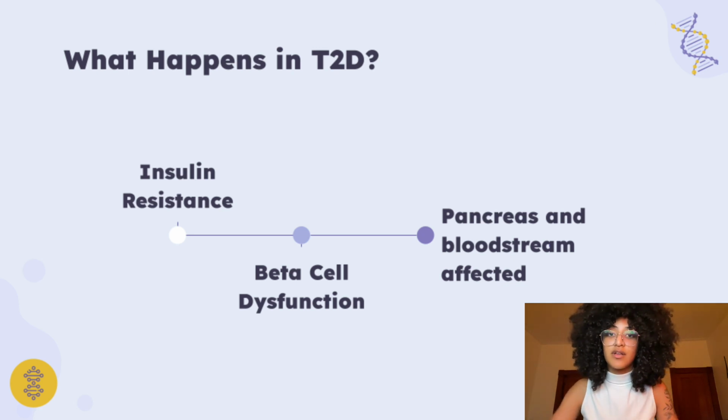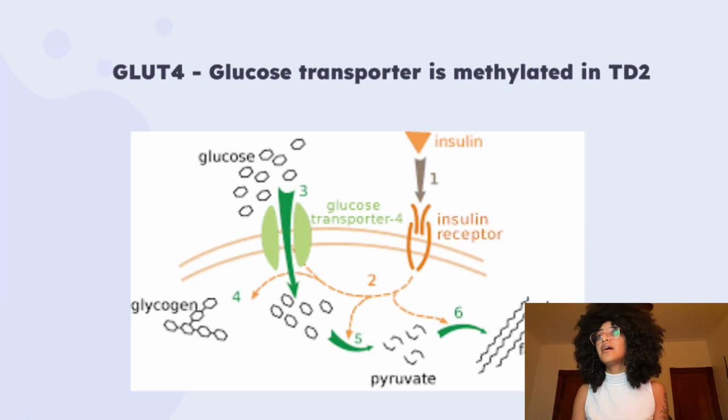These beta cells are present in the pancreas and produce the insulin, and in T2D they may become less efficient or even damaged over time. It also can lead to a kind of low, chronic inflammation that can contribute even more to this insulin resistance and the beta cell dysfunction.